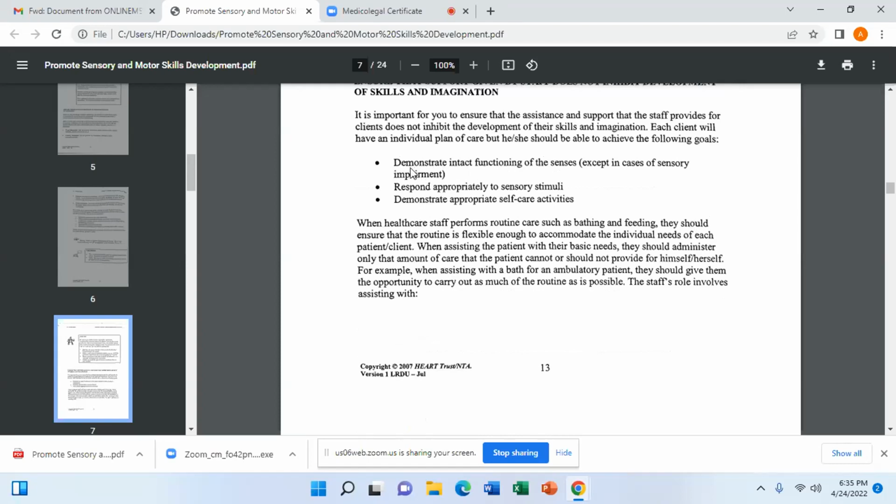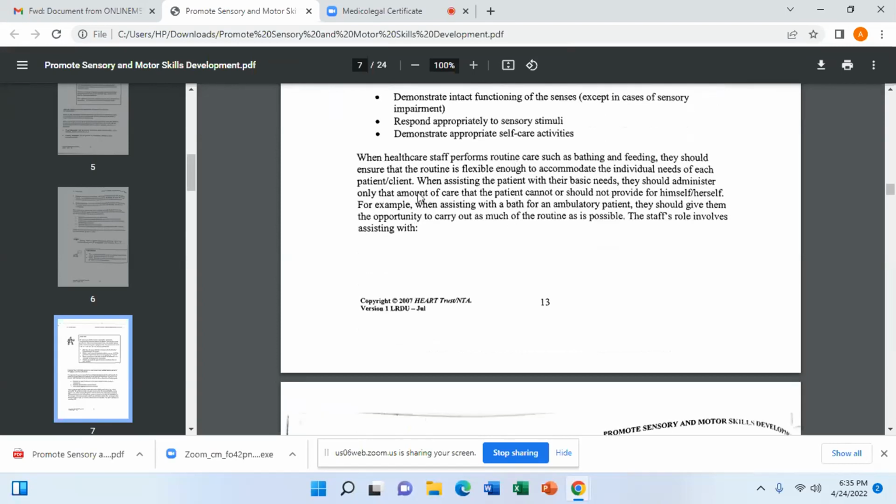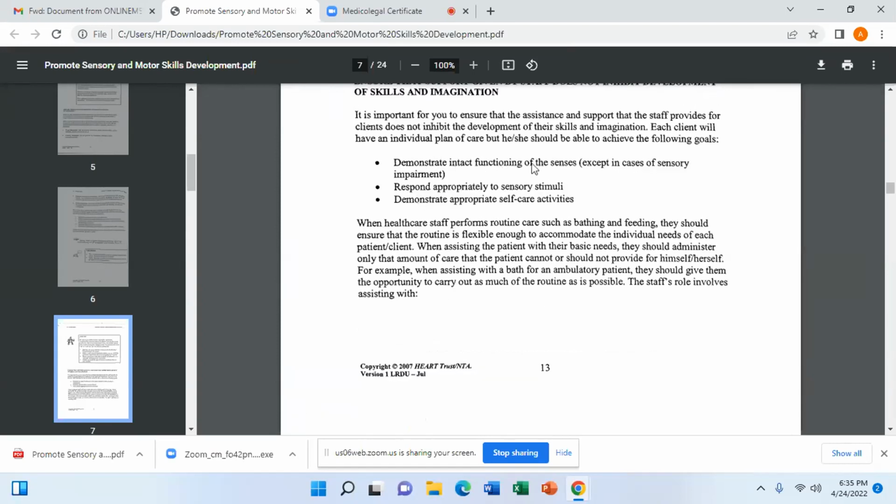And some of the goals would be to demonstrate intact functioning of the senses, respond appropriately to sensory stimuli, and demonstrate appropriate self-care activities. Those are the three.